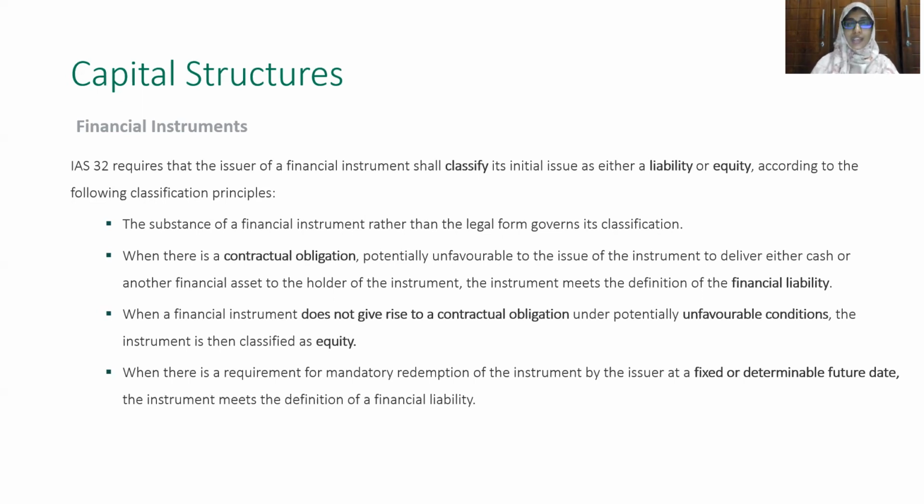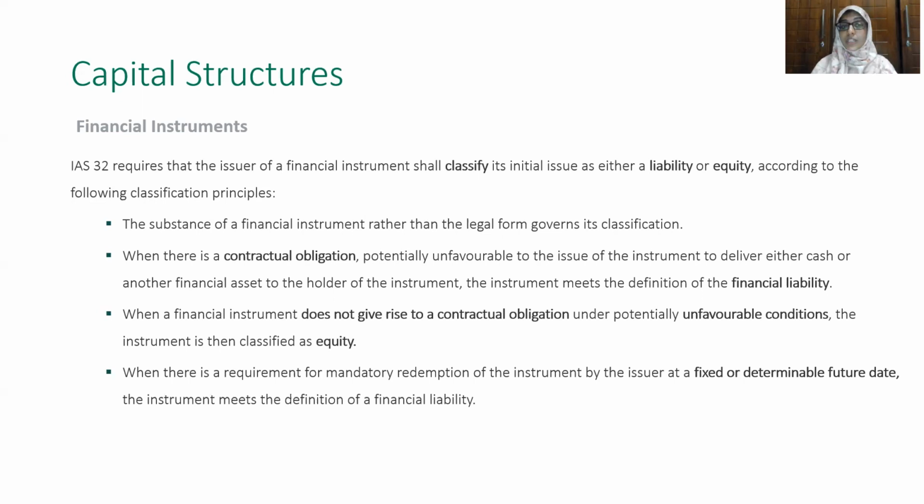So as you can see, when there is a contractual obligation, which could potentially be unfavorable, which needs to deliver some kind of cash or some kind of financial asset to the holder of the instrument, that means the company needs to include it as a financial liability.